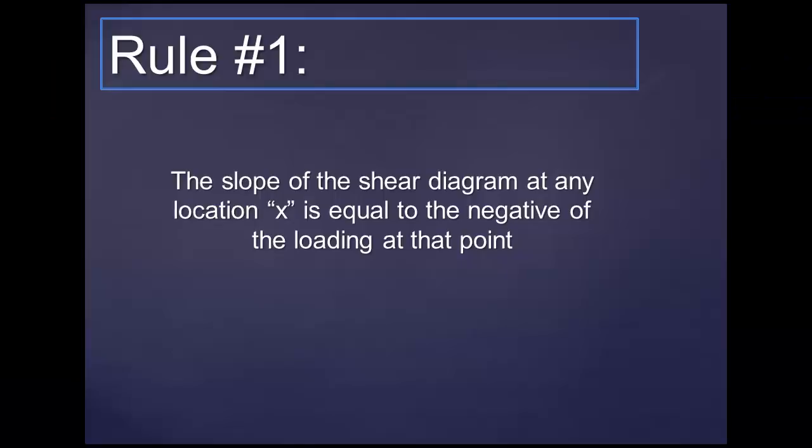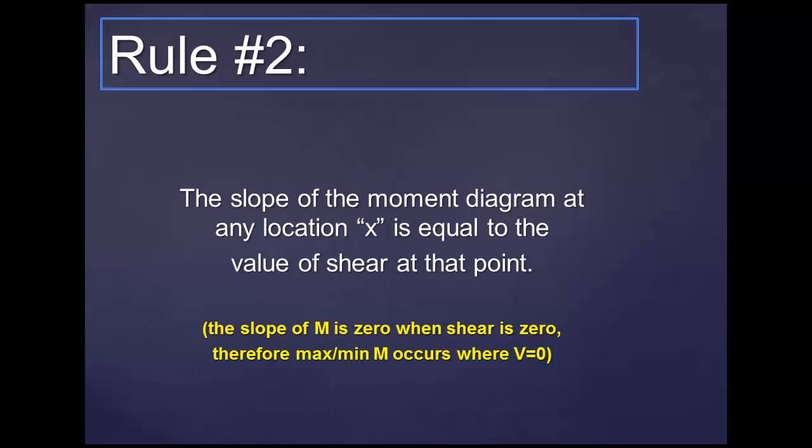Now let's summarize what we've developed. Rule number 1. The slope of the shear diagram at any point along the length of a beam is equal to the negative of the loading at that point. Rule number 2.